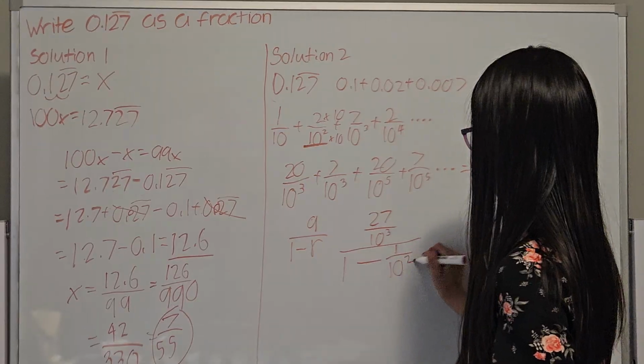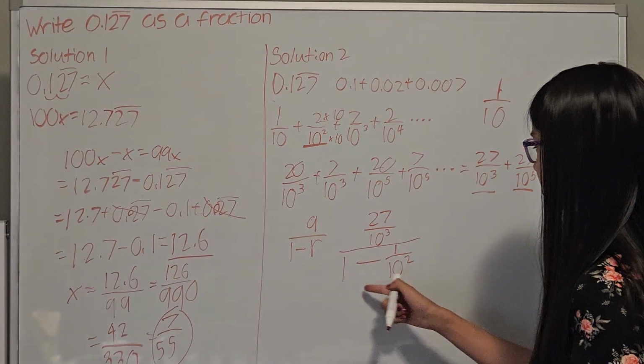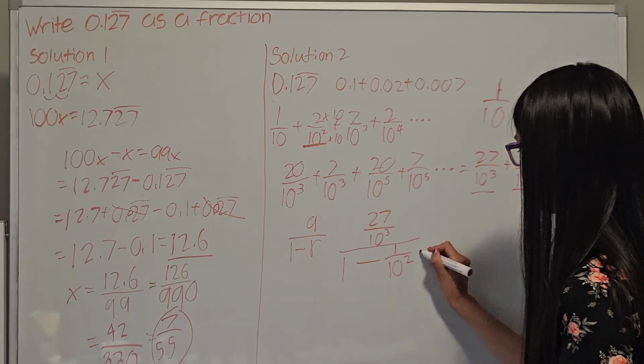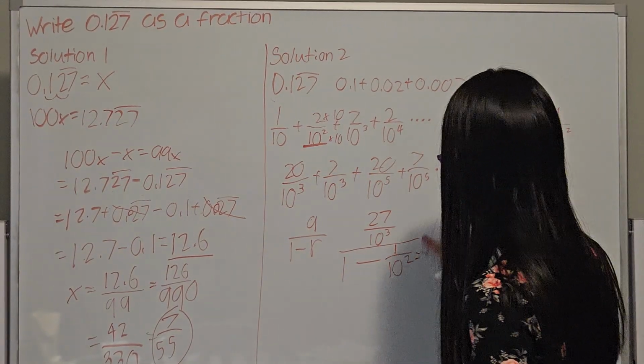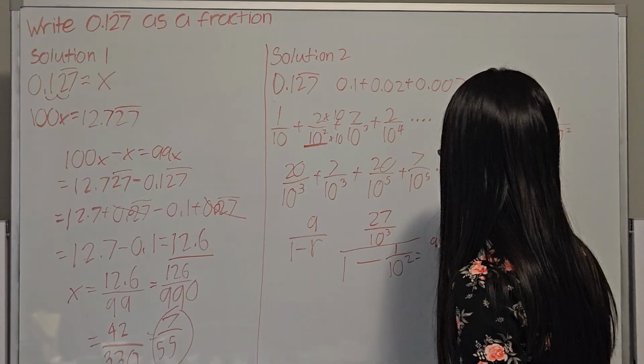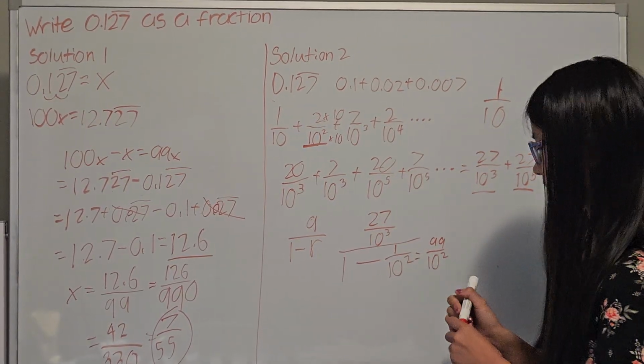So it's 27 over 10 cubed over 1 minus 1 over 10 squared. We can solve the denominator, which is 99 over 10 squared.